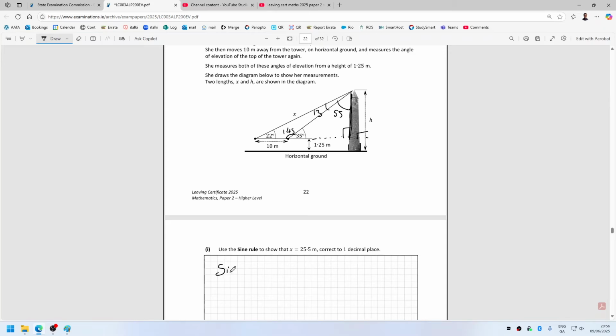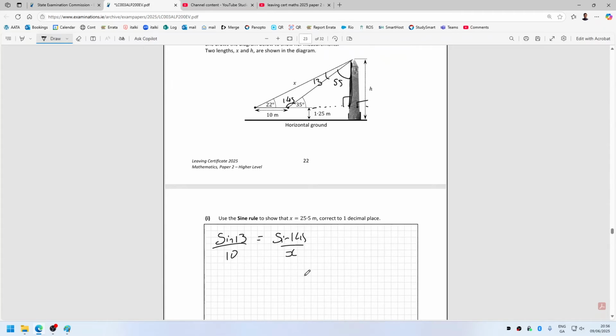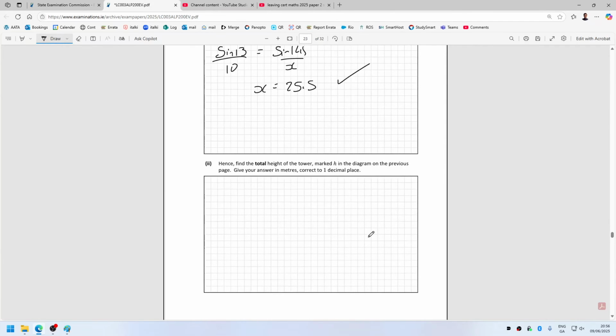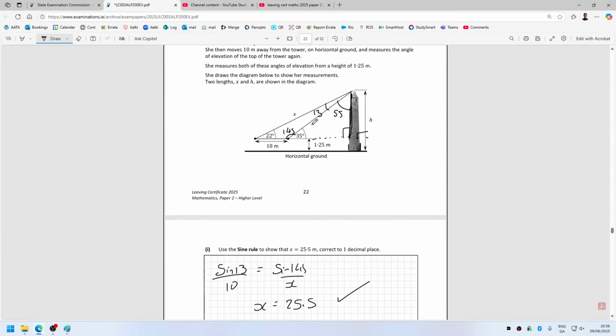So it's sine 13 over 10 equals sine 145 over x. So sine 145 times 10 divided by sine 13. And by solving this, you'll get x is 25.5. So that's fine. Hence, find the total height of the tower.